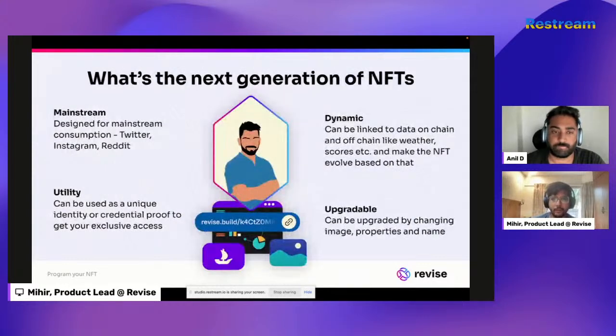Since 2021, a lot of people have been working on this, including us. At Revise, we started thinking about what's the next generation of NFTs. According to us, first and foremost, it has to become mainstream, and that is already happening. Twitter, Instagram, and Reddit have already started supporting NFTs in one way or the other. We believe it has to have some utility, meaning that if you have an NFT, it should give you something you can use on a daily basis or for events.